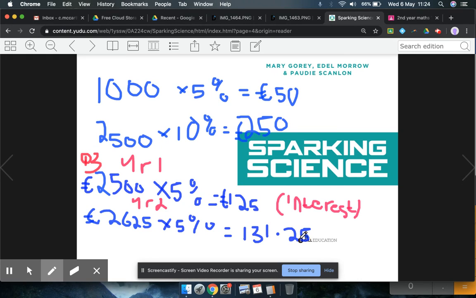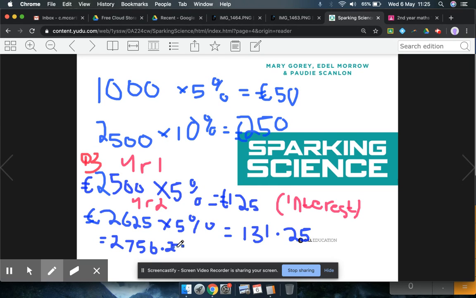That's because, instead of having a principal of 2,500, we now have a principal of 2,625. This has to be added on. So when I add 2,625 and 131.25, I get a final value of €2,756.25.